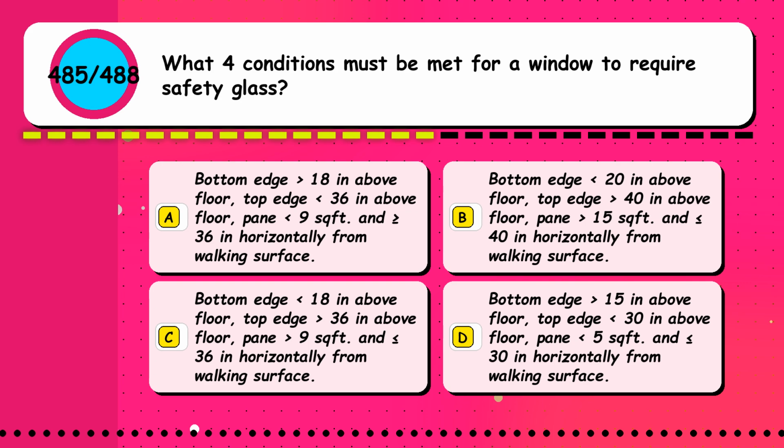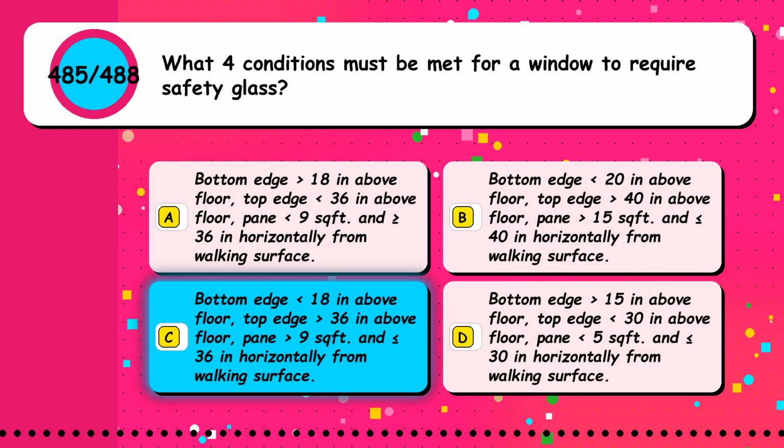Option C, bottom edge 18 in above floor, top edge 36 in above floor, pane 9 square feet, and less than or equal to 36 in horizontally from walking surface. Option D, bottom edge 15 in above floor, top edge 30 in above floor, pane 5 square feet, and less than or equal to 30 in horizontally from walking surface.